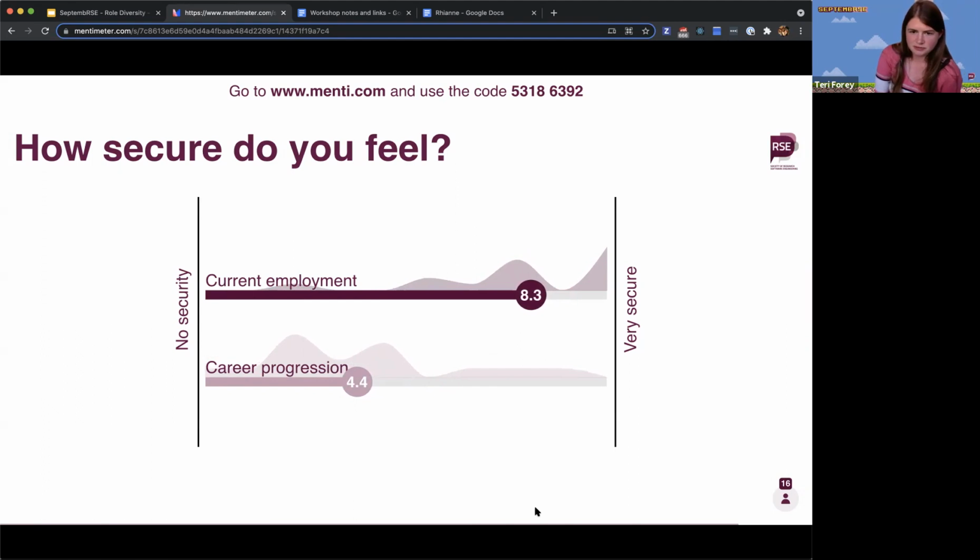So obviously this is a how-you-feel kind of question. Career progression is definitely low. That is less than 50% there. And that is definitely something that we as a society need to look at. But current employment, I'm very happy to say, is nearly 80% secure.